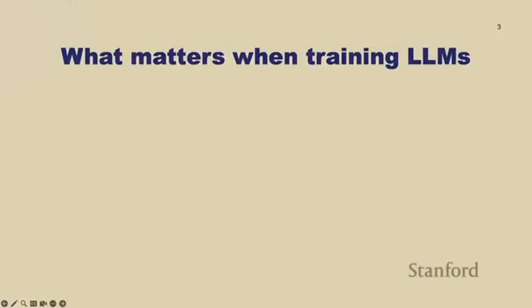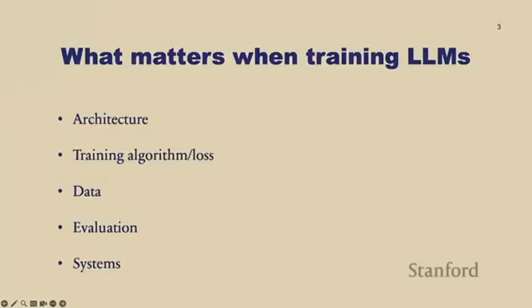Great, so what matters when training LLMs? There are a few key components. One is the architecture. As you probably all know, LLMs are neural networks, and when you think about neural networks, you have to think about what architecture you're using. Another really important component is the training loss and the training algorithm, so how you actually train these models. Then it's data: what do you train these models on?